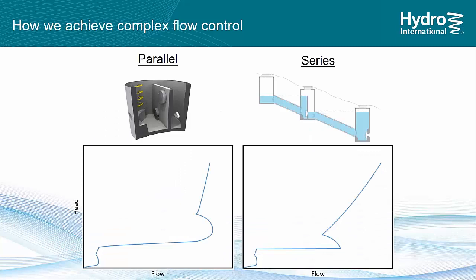So you end up with characteristics as shown below, where the one on the left shows the flow controls summed on top of each other and the amount of flow coming through at the various head levels, and the unit on the right shows where a smaller flow control is in operation and then it's drowned out and the larger flow control starts taking effect and controlling the flow instead.